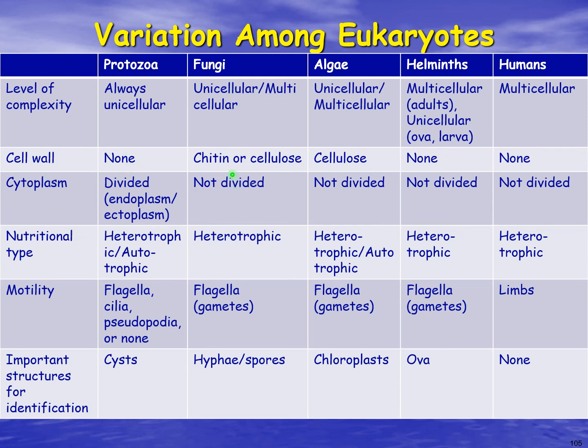The fungi can have cell walls made up of chitin or cellulose. Algae, it's primarily cellulose. And the helminths do not have cell walls because they're typically multicellular. Also compare their cytoplasm, their nutritional type, their motility, and some important structures that each could possibly form. So take a look at this chart just to compare the variations.